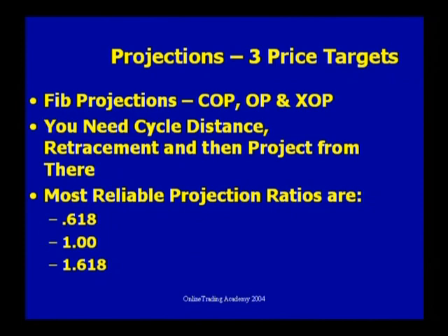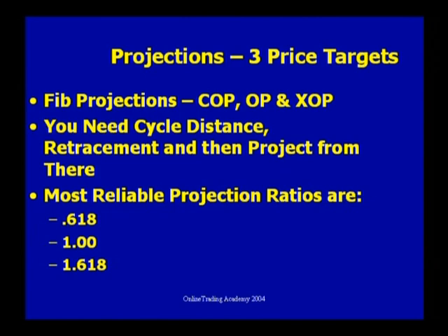We talked a little bit about extensions. There are also projections, okay? Now, some people like these, some people don't. We'll go through them. There's 3 different price targets, what we call the COP, the OP, and the XOP. Don't worry, I'll define them for you.